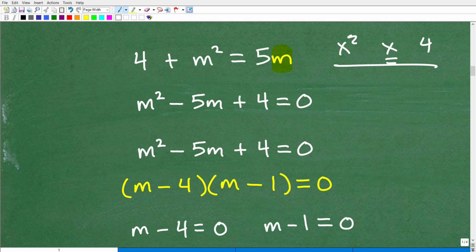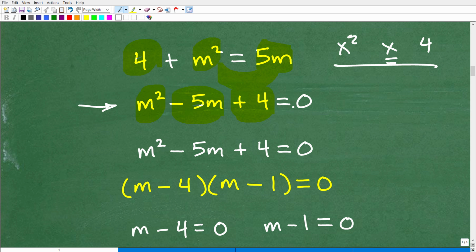That's called writing the equation in standard form. So we're going to put this thing in highest to lowest power. So m squared is first. We're going to subtract this 5m from both sides of the equation. In other words, we're going to scoot it over to the left-hand side. So we're going to get a minus 5m, and then we'll have our 4 right there. So right here, we have this quadratic equation in standard form, highest to lowest power.